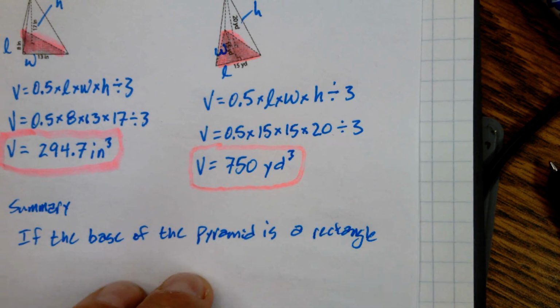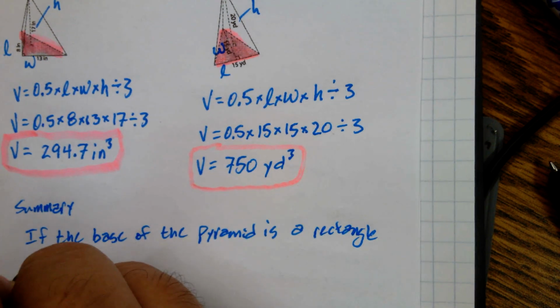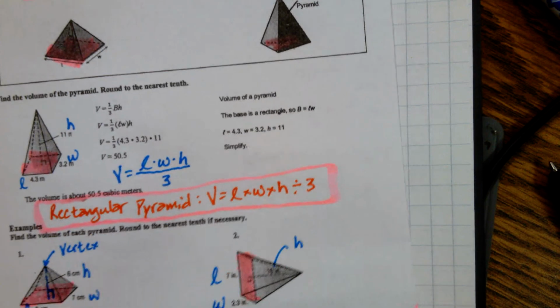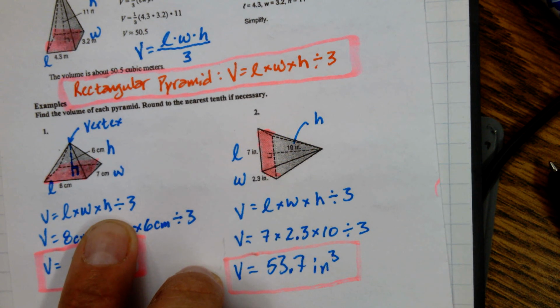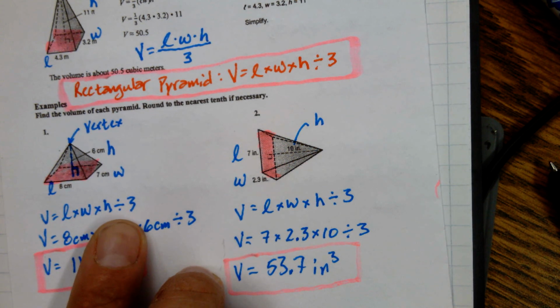So how would we summarize what we did on the previous page? So we're going to finish this sentence. If the base of the pyramid is a rectangle, and then we'll finish the sentence. What did we do? How would we explain this? Say you're on the phone with someone and they need to know, like, mathematically what to do. You multiply what? And then what? Yes.